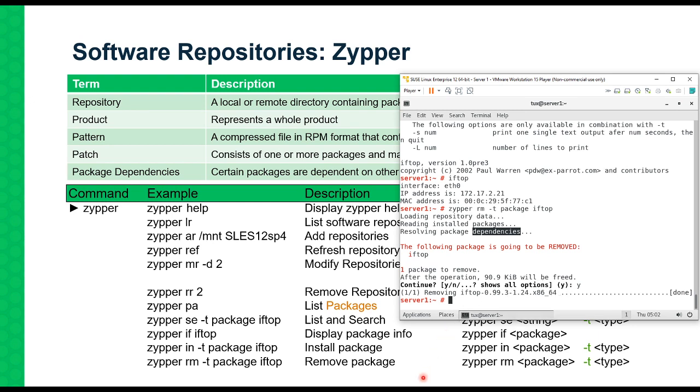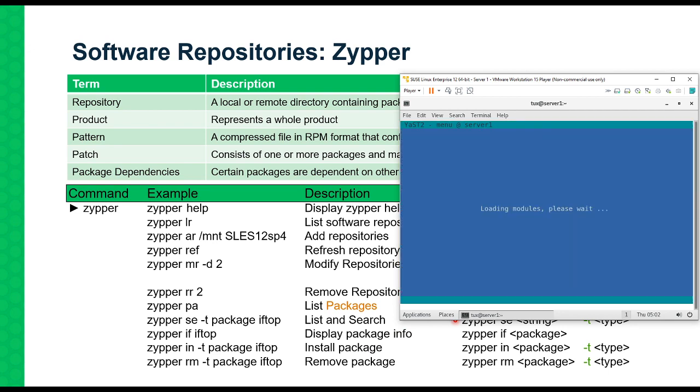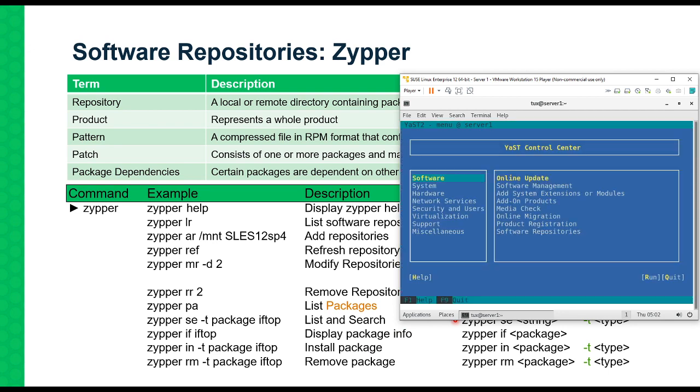So there's another way that we can also work with software repositories, and that is through YAST. So let's do exactly the same thing, doing this in YAST. So let's go to YAST this time, and we need to look at our software management portion, because this is where we will be installing our software.